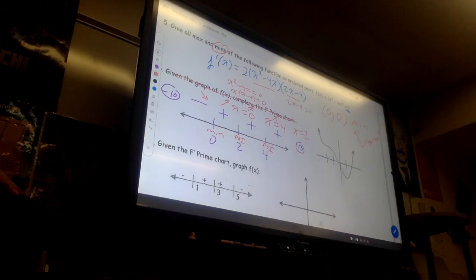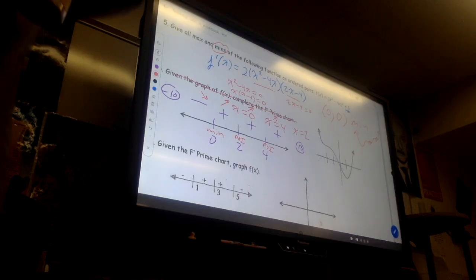Is that POI? Yeah, for point of inflection. Almost there? Yeah. 3/4 there? Good? Everyone else good? Clear. All right.